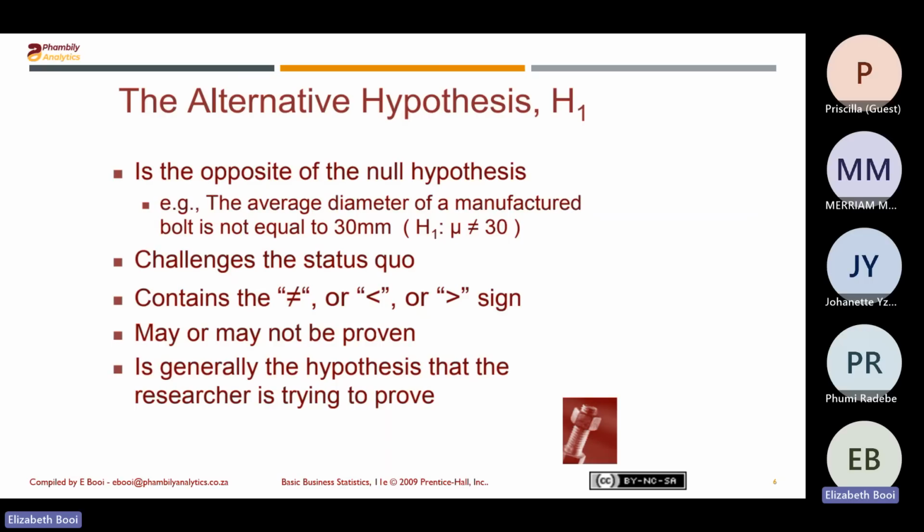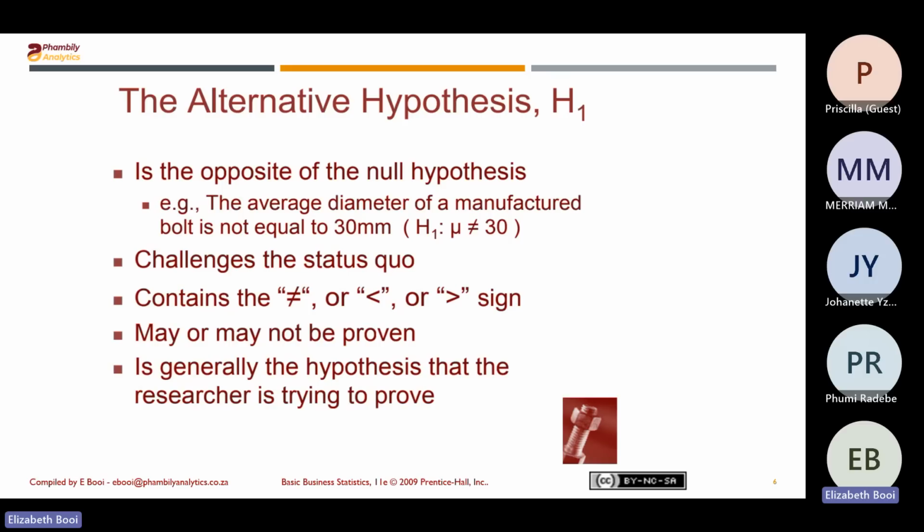So therefore, there are 3 statements for the alternative that can exist. It will be not equal, less than, or greater than. Whereas in your null hypothesis, you have equal, less than or equal, or greater than or equal. Because in your alternative, there are no equal signs. There is no equality sign on the statement.